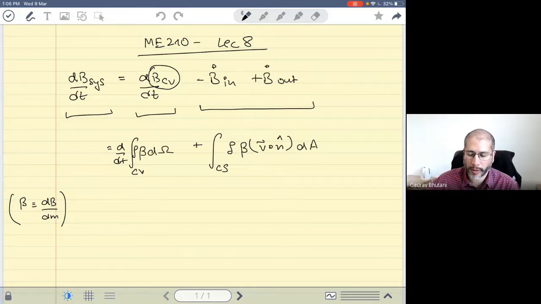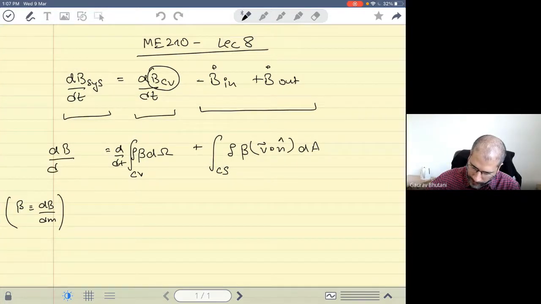So rho times d omega is nothing but the infinitesimal mass. So these are just different ways to write this Reynolds transport theorem.